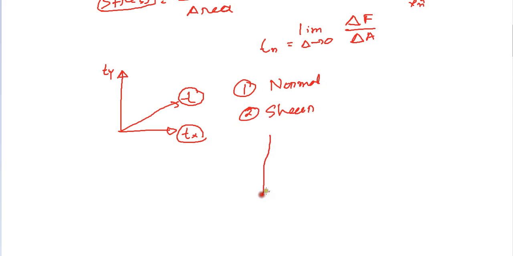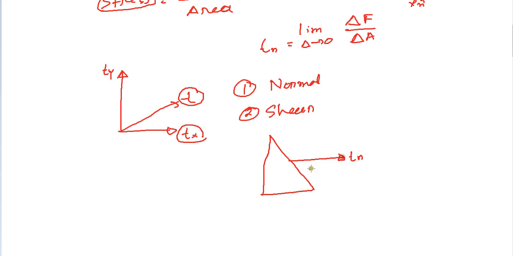So what is that? Say for example, we have a two-dimensional object here, a triangle. Say this is the plane, right? And we have applied a force, or stress, and it is a stress vector or traction vector, Tn.